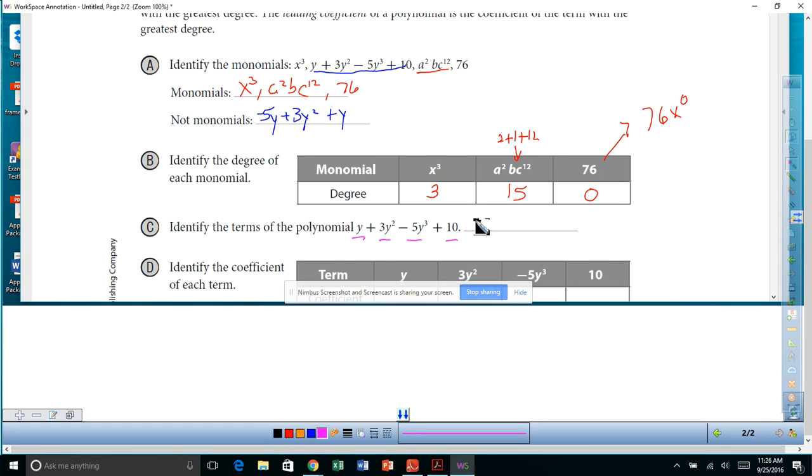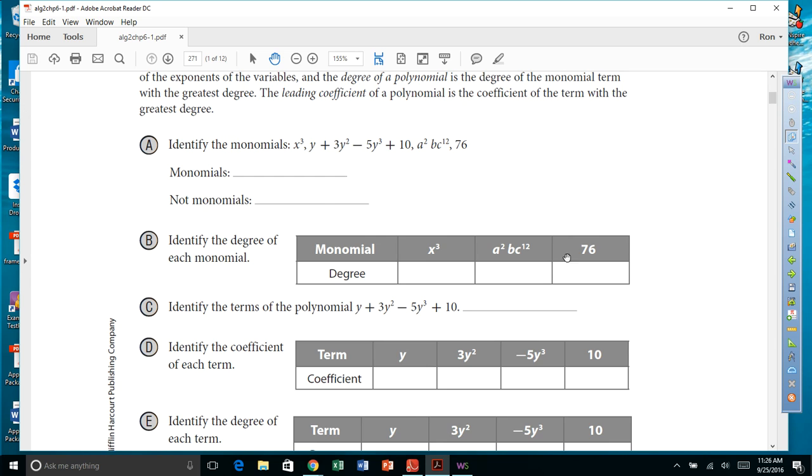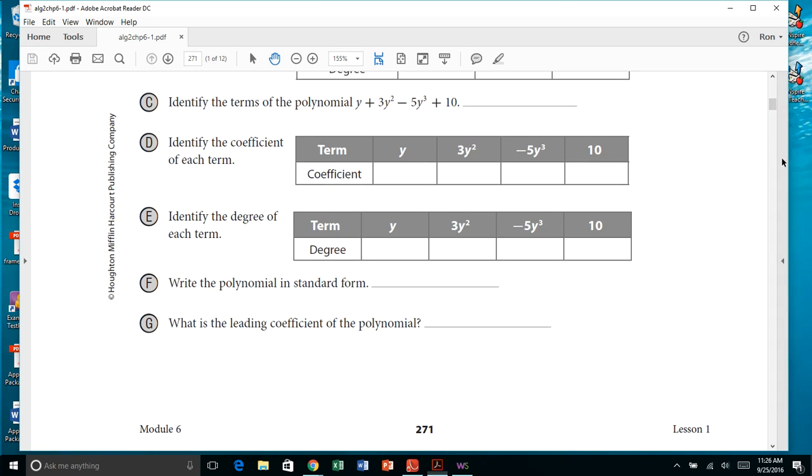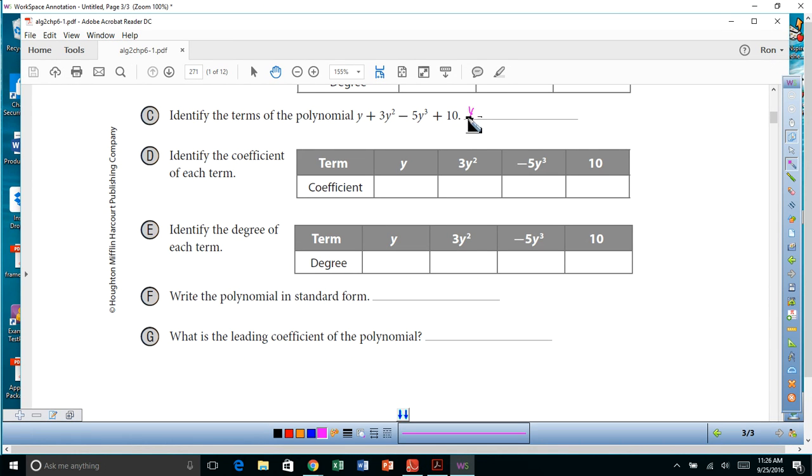Those are the terms. And we'll put them back up there: y, 3y squared, negative 5y to the third, and 10.